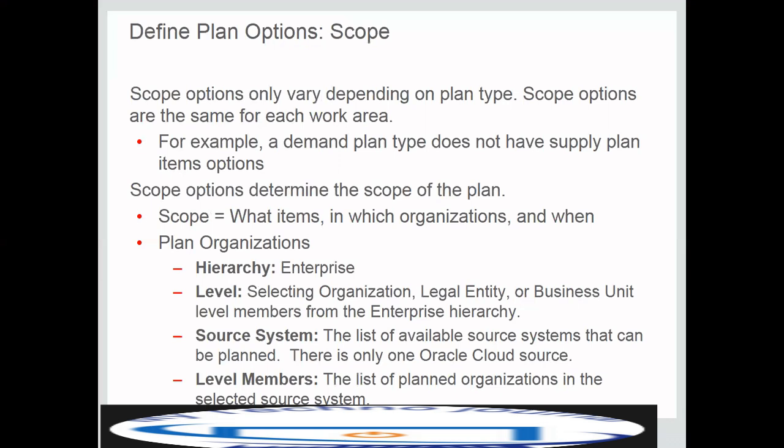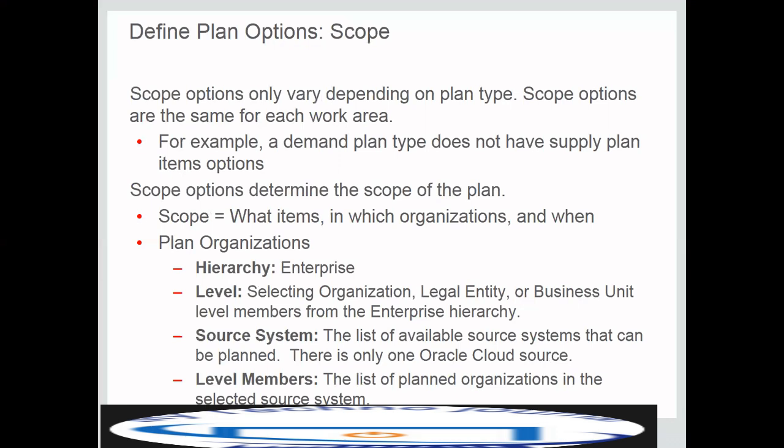If I've selected the organization level, then I can select what organizations I want to include in this particular plan. If I've selected business unit, all the organizations within that business unit will be included in the plan automatically. Similarly, in the source system, this is the list of available source systems that can be planned.